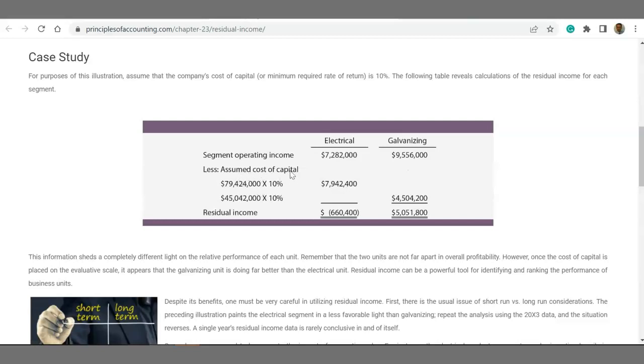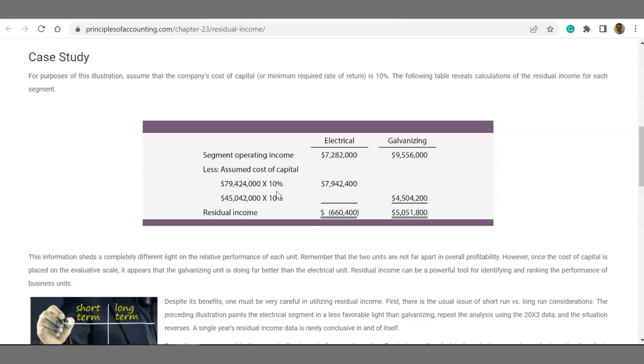And assume the cost of capital, WACC, weighted average cost of capital. There's another name for it: minimum required rate of return, or hurdle rate. So the cost of capital for this company, we assume, is about 10%.